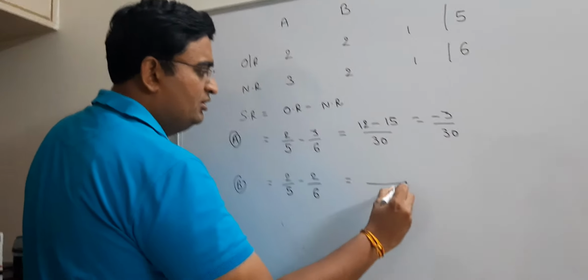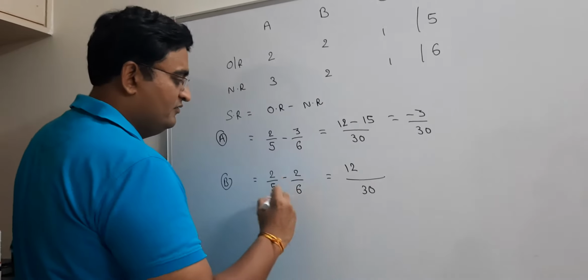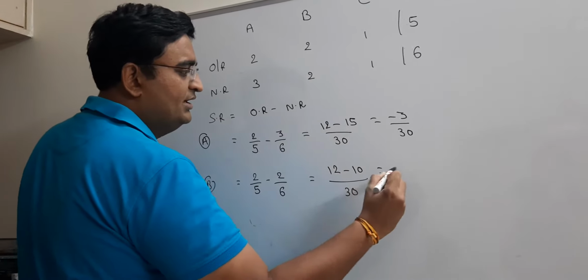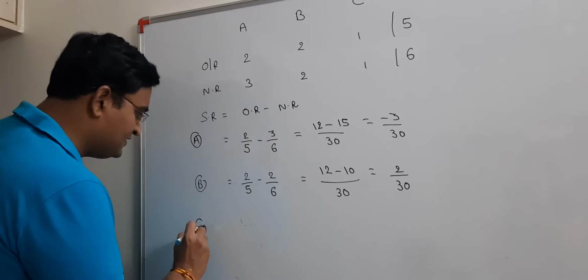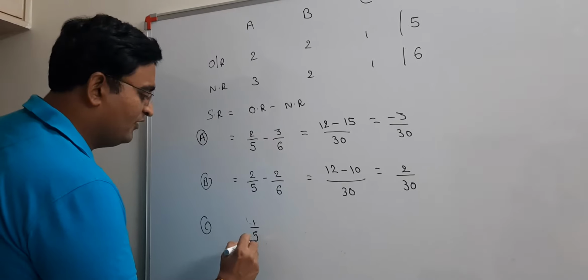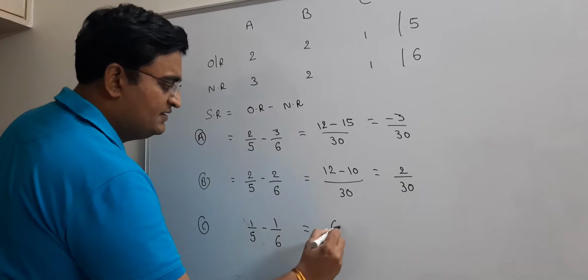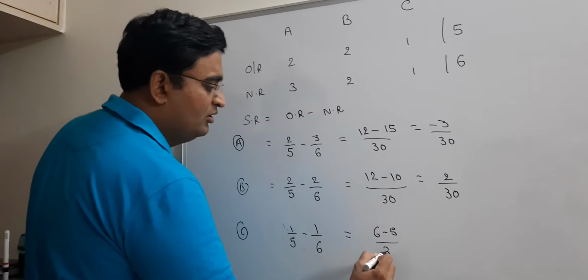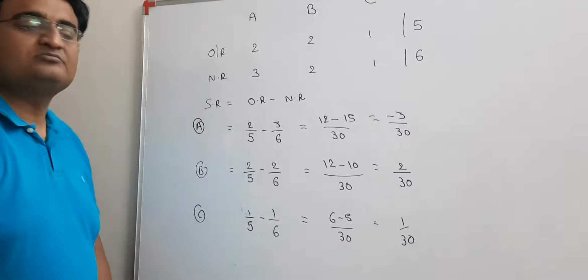That comes to 30. 6 2s are 12, 5 2s are 10. So that gives me 2 upon 30. Coming back to partner C, that is 1 upon 5 minus 1 upon 6. 6 1s are 6 minus 5 upon 30. So let it be as 1 upon 30 only.